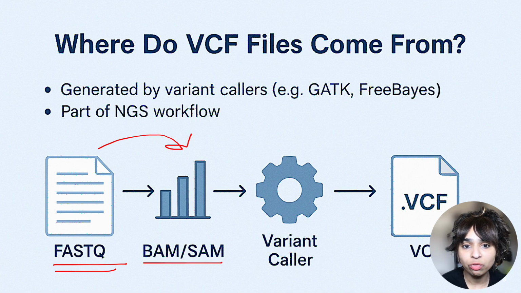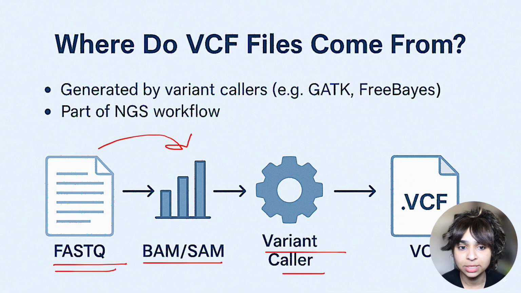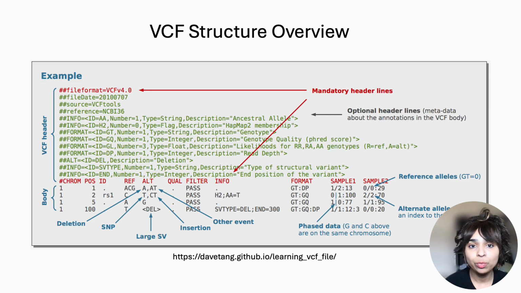Finally, specialized software called variant callers, like GATK or FreeBayes or samtools, scan through these alignments to detect differences. The result of this process is a VCF file, which neatly stores all the detected variants. In short, VCF files are the end product of the sequencing and analysis pipeline, and they are the starting point for genetic interpretation.